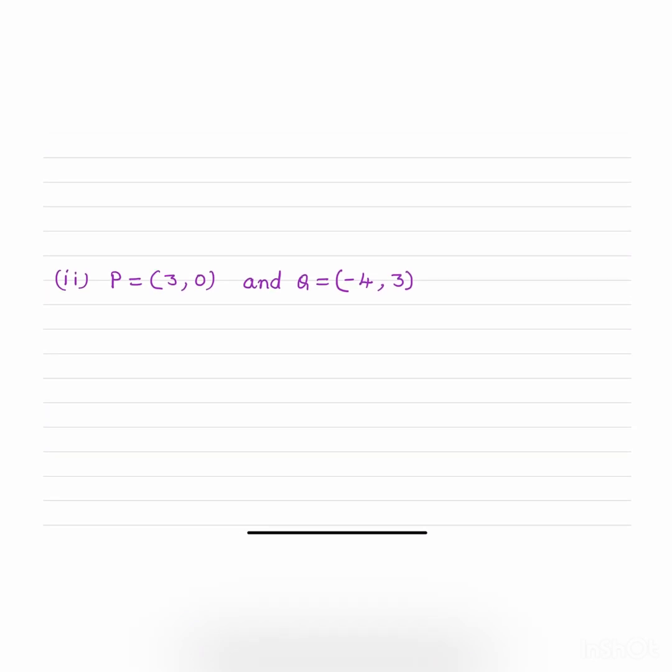Now in this again we have to find out the slope of the line which is parallel to PQ. So let us find out the slope of this PQ line. m is equal to y2 minus y1 divided by x2 minus x1. y2 is 3, y1 is 0, divided by x2 is minus 4 and x1 is 3.